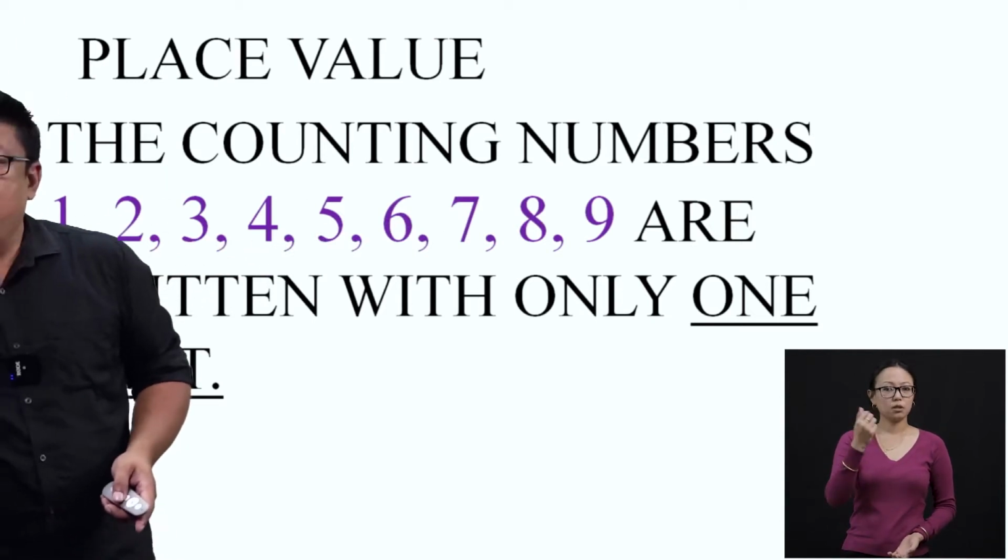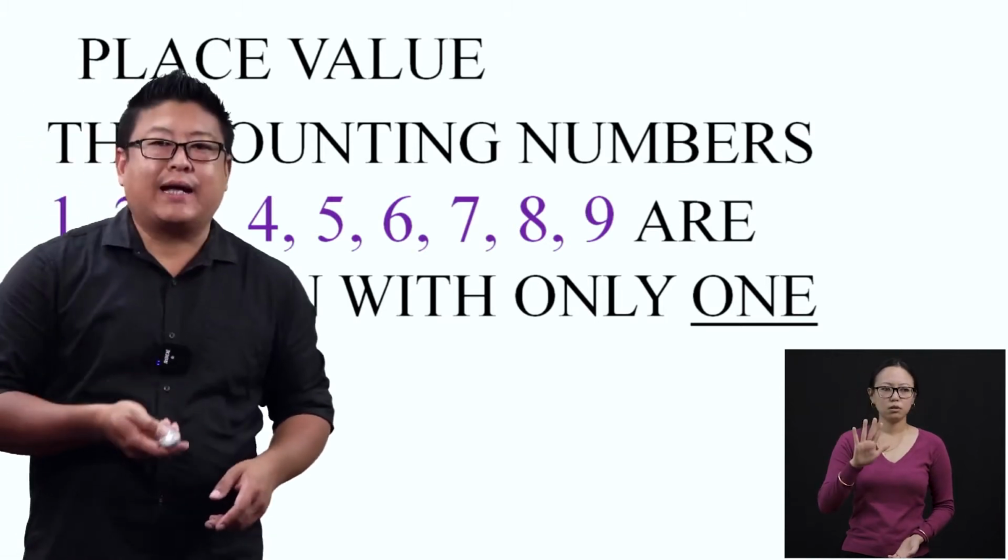All right. One digit. So let's look at what one digit means. One digit means, please look at this one. It has only one number, 1, right? So it is written in one number only, so it is called a one digit number.